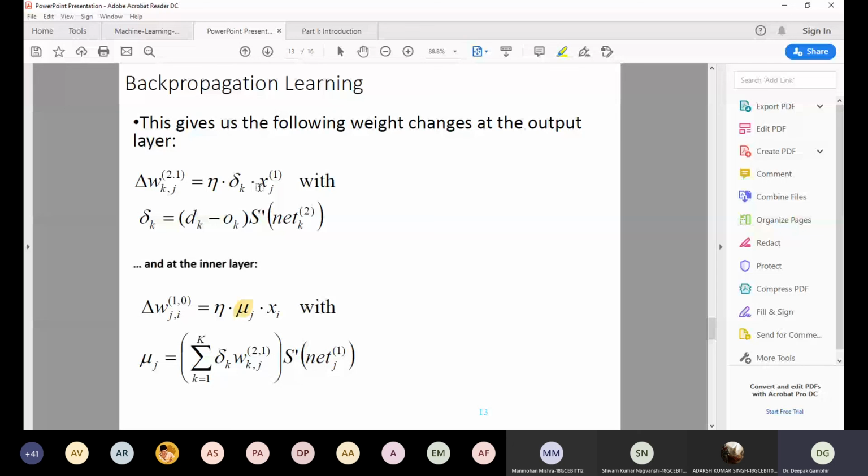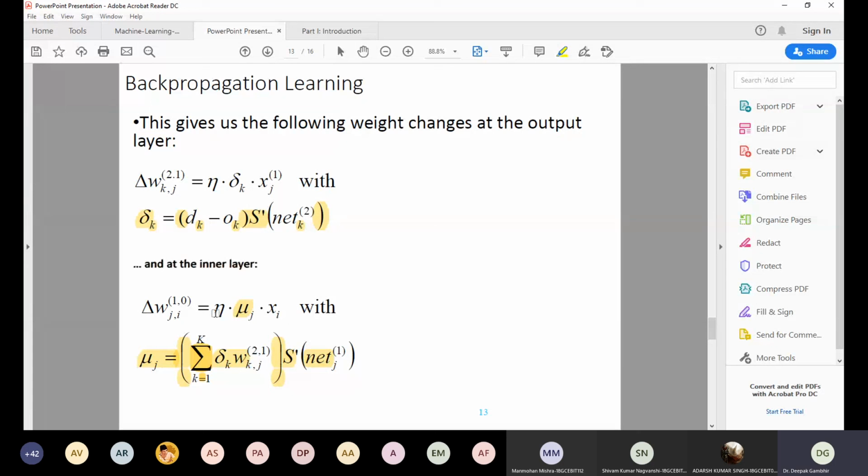So delta is (d minus o k) times the sigmoidal function derivative s prime of net k, that is oj times (1 minus oj), and mu j is the summation over k equal to 1 to K of delta, the same delta we used above, times wkj, multiplied with s prime, the sigmoidal function derivative for net j.